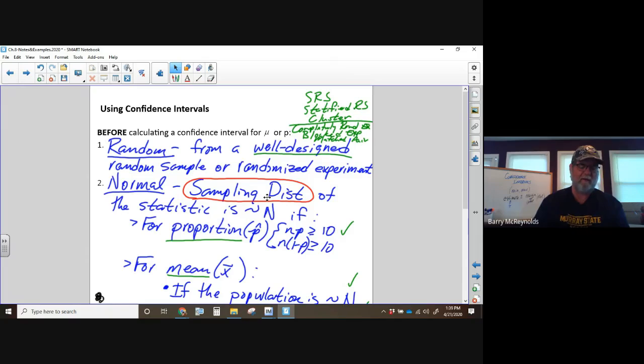The context here is what percentage of people would vote for a constitutional amendment permitting prayer in schools. Now we want to interpret the confidence level. The confidence level is simply this: if we were to repeat this sampling procedure many, many times, 95% of the confidence intervals that we calculated would contain the true population proportion.